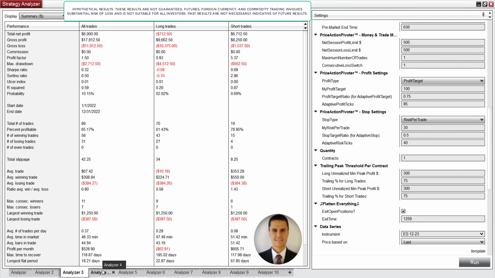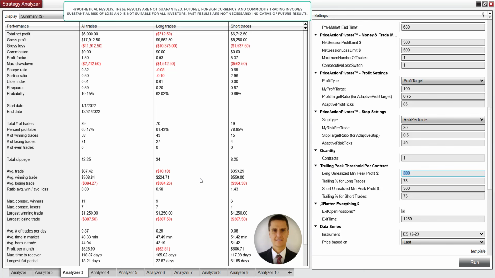Remember, there's sort of an immutable law of trading. The higher the risk, the higher the reward. The lower the risk, the lower the reward. When I'm being more careful, I'm lowering my risk in essence by saying, hey, if I get to 300 unrealized profit, trailing peak threshold, start trailing the price from 300, okay, right off the bat, or more, right?